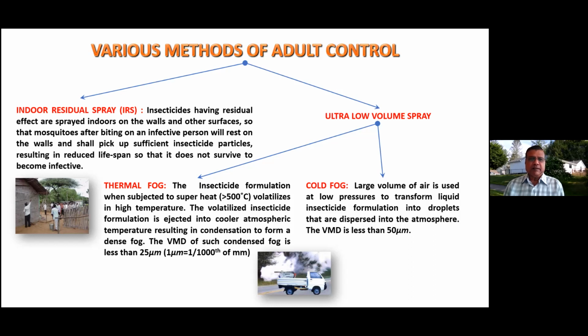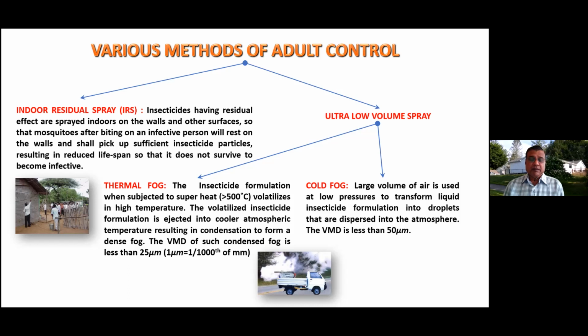The volatilized insecticide formulation is ejected into cool atmospheric temperature, resulting in condensation to form a dense fog. You can see white dense fog coming out of the nozzle, because it condenses when it comes to a cooler atmospheric temperature.